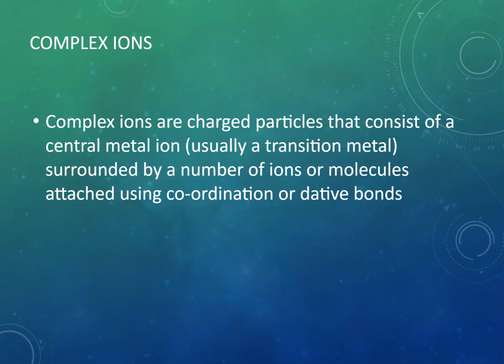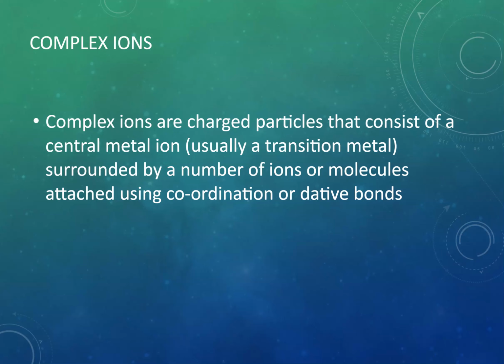Okay, so the surrounding particles, metal ions or molecules, are known as ligands. You may come across that term in some things. And there are usually an even number, 2, 4, or 6 ligands. The common ones that you'll come across are typically water, ammonia, hydroxide, and cyanide. That's in this particular standard.